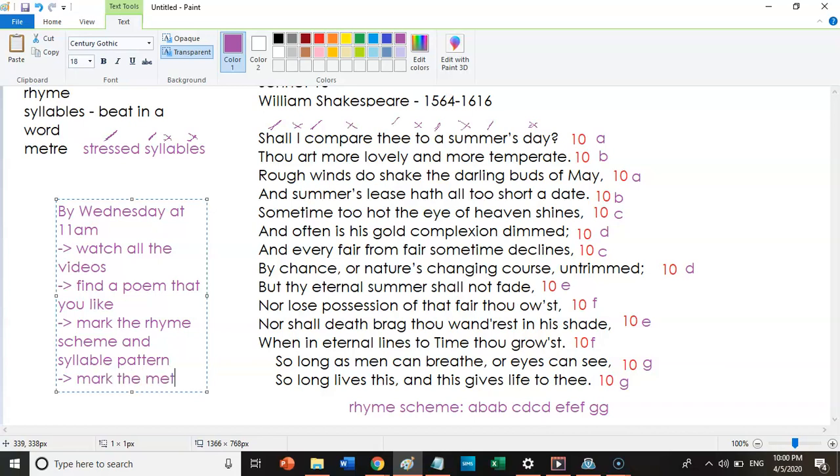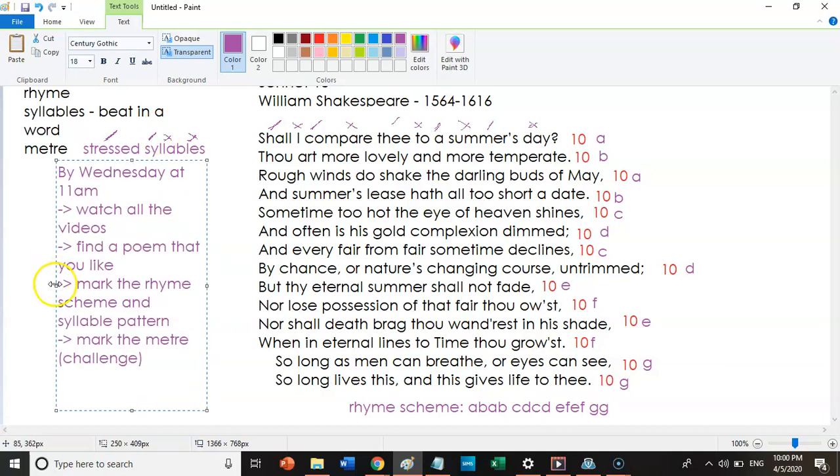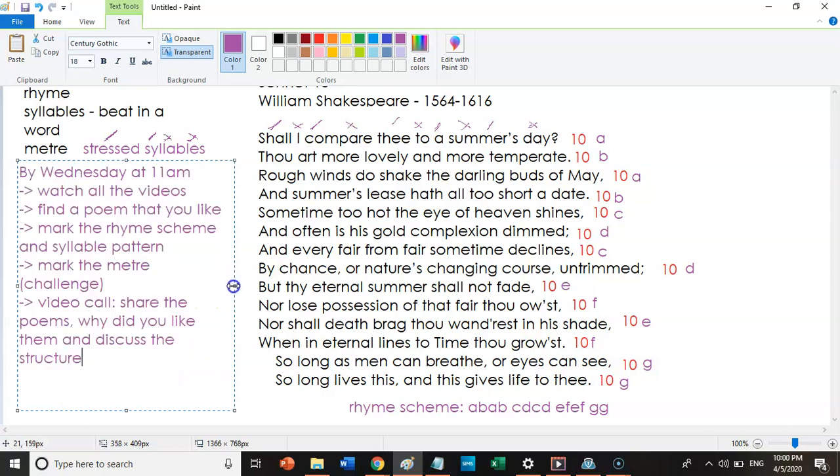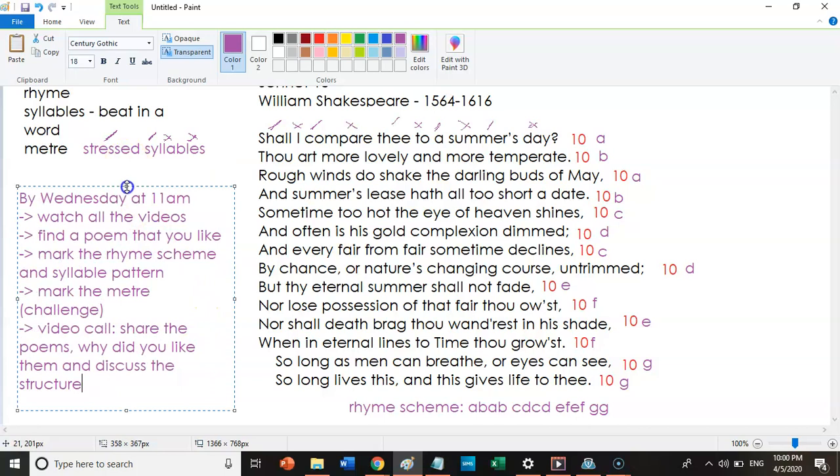Mark the meter as a challenge. This is optional. And have a video call where you share the poems, why you liked them, and discuss the structure, so that you can check each other basically. Maybe you're not sure about something, maybe you want to check whether or not you're correct, check the syllables. Yeah, so that's what you guys need to do.